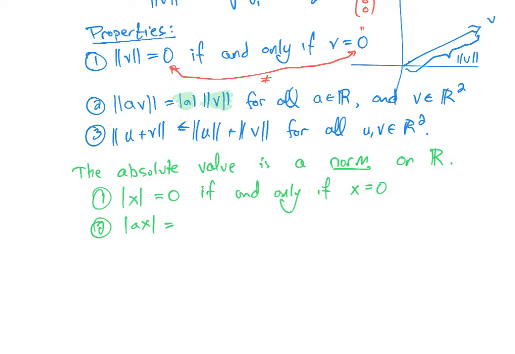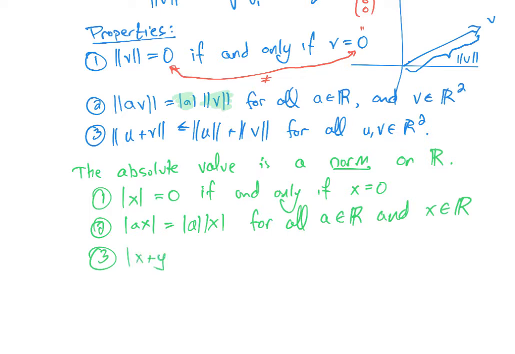Now, in our context, those are both going to be absolute values because the absolute value is the norm. So it's the absolute value of a times the absolute value of x, for all scalars a and vectors x, even though a and x are both real numbers. And then 3. The absolute value of x plus y is at most the absolute value of x plus the absolute value of y.